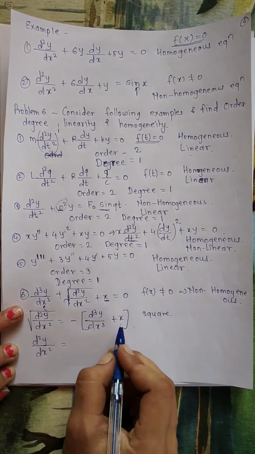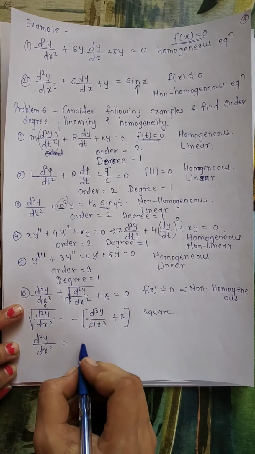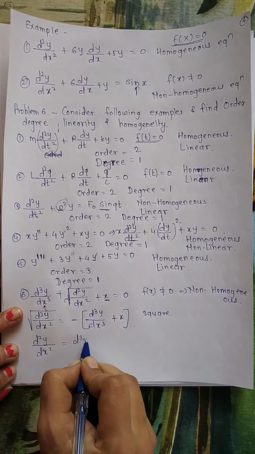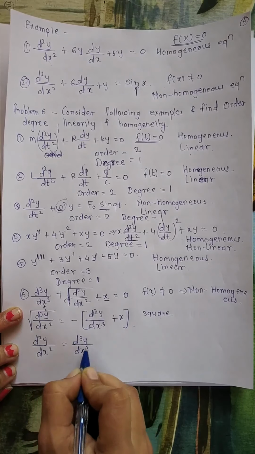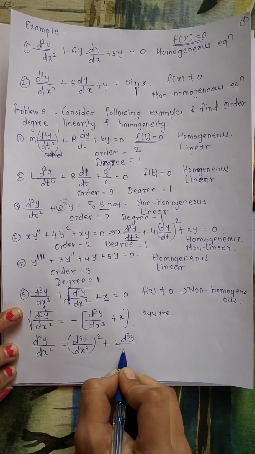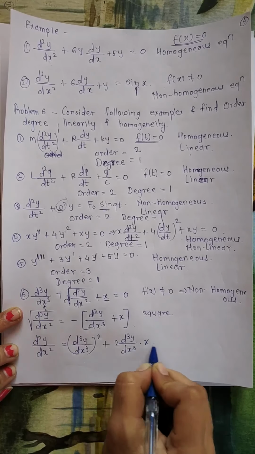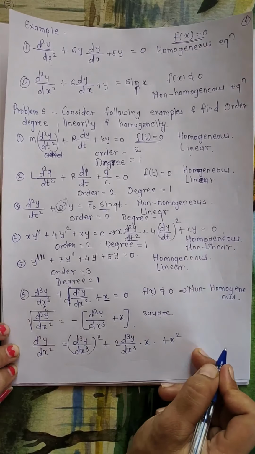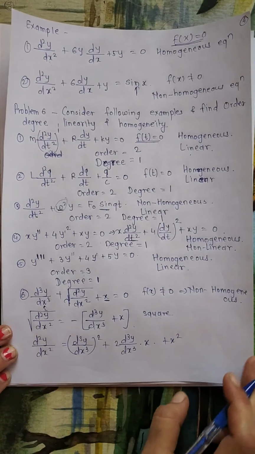which will be positive, and by using the a plus b whole square formula, the square is d cube y upon dx cube squared plus 2 d cube y upon dx cube into x plus x square. So this is the squared differential equation.